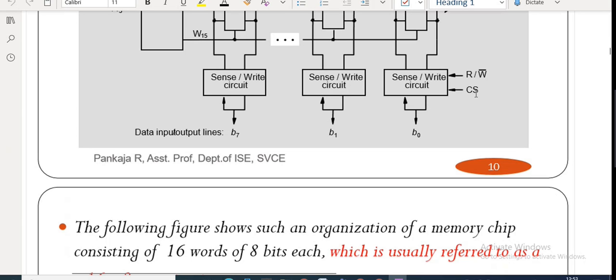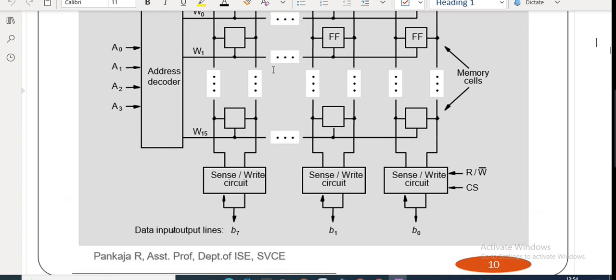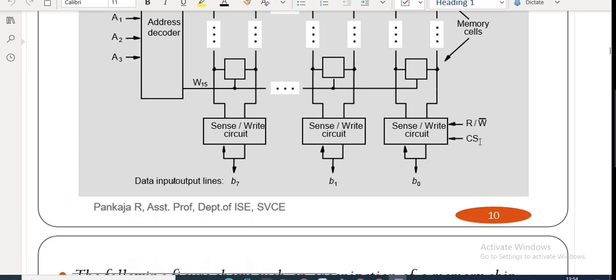So this is for chip selection. Among the set of chips, in which chip does this address belong? That will be selected by chip select, which is a control signal. Accordingly it will go to that particular chip and read the data.